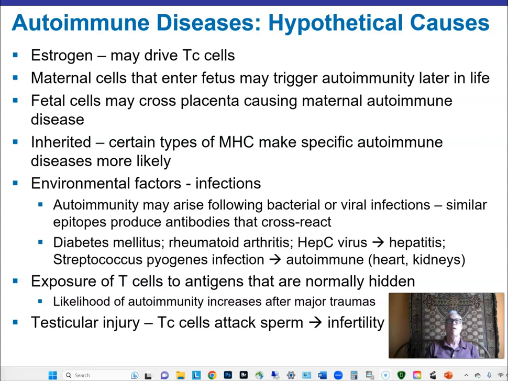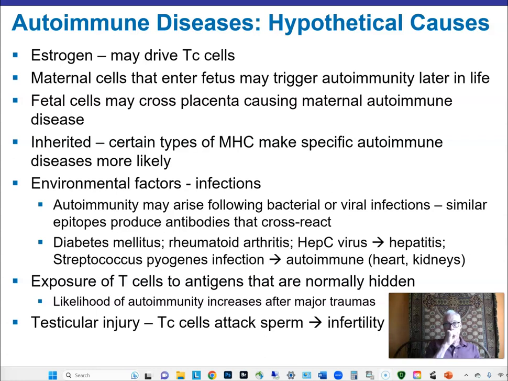Another thing is that people after menopause have a much lower likelihood of developing autoimmune diseases, and people who have had radical hysterectomies, where the ovaries are removed, have a much lower incidence of certain types of autoimmune diseases. So that brings up the theory that perhaps it's the estrogen driving some of the advent of these diseases.